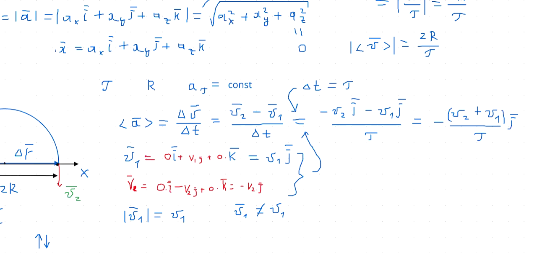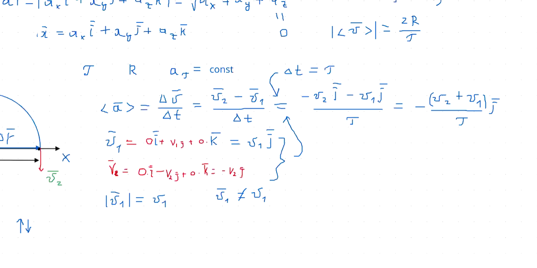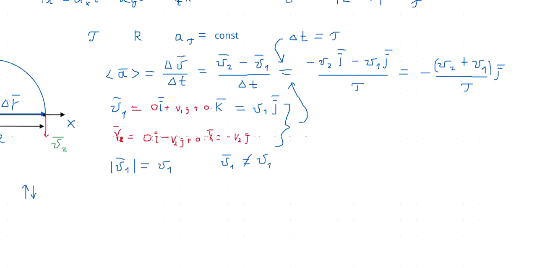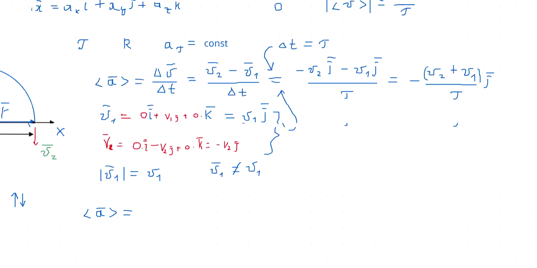Okay, we have found something, but it's still not the answer. It is not the answer because we don't know anything about v2 and v1. We know only tau.